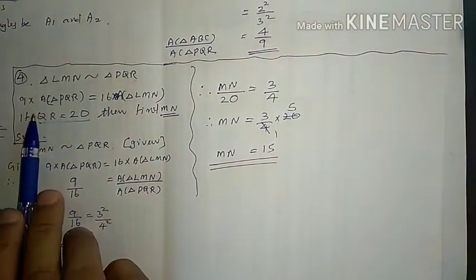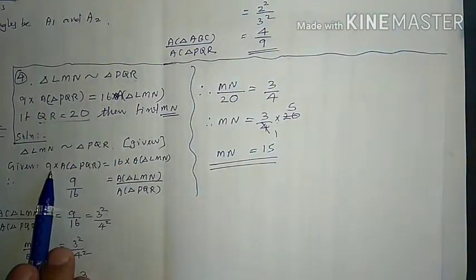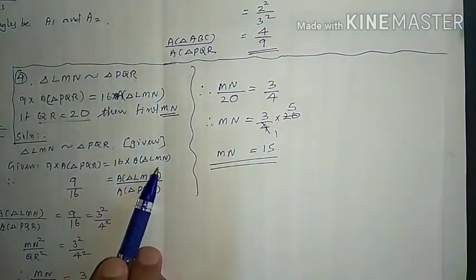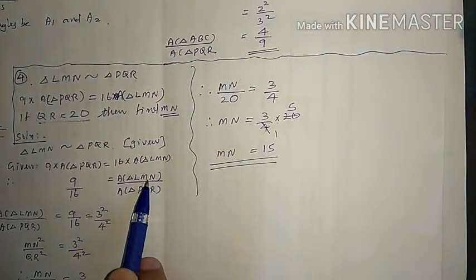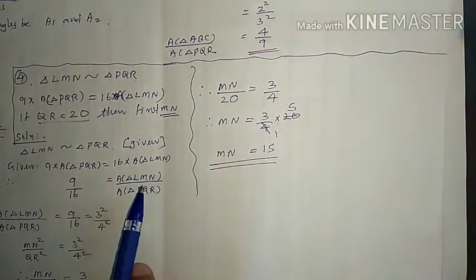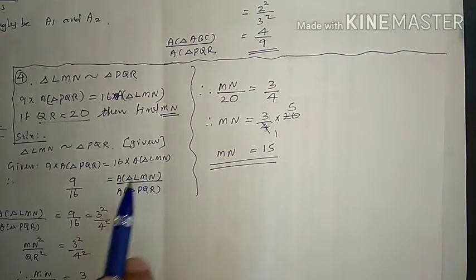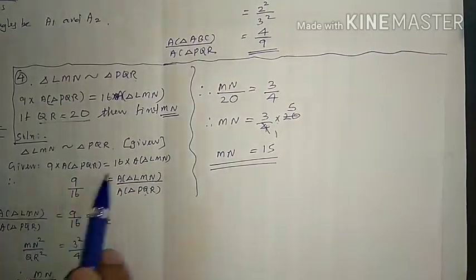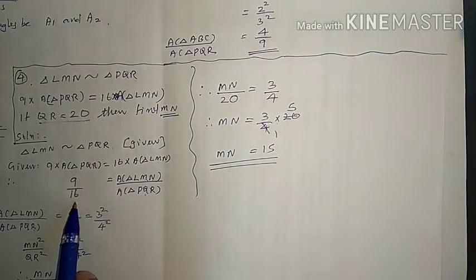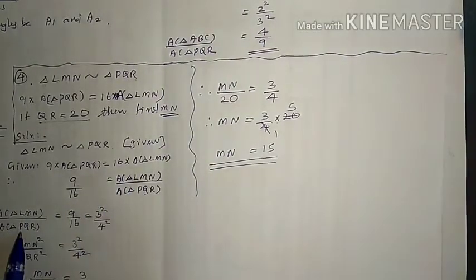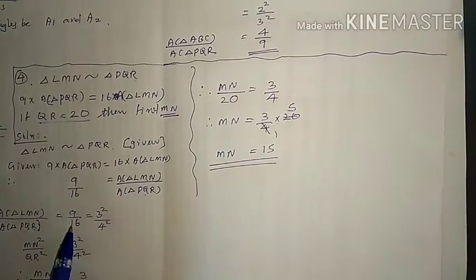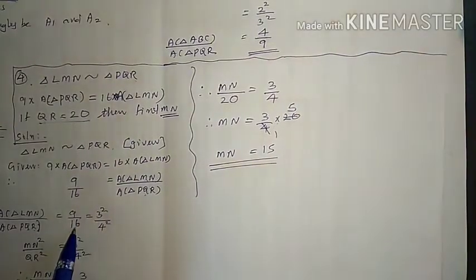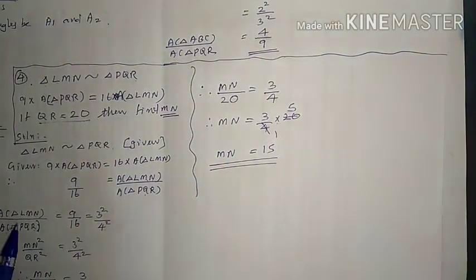Also given this particular idea, we take full thing we write here. We have to find out MN. So this triangle's area we keep in the numerator. This triangle area upon this area is equal to this 9 upon that 16. So this I am writing here equal to 9 upon 16, which is 3 square, and this is 4 square.